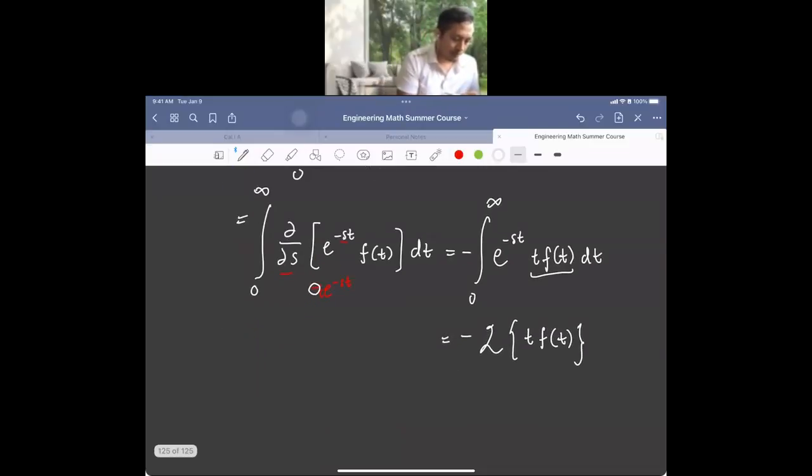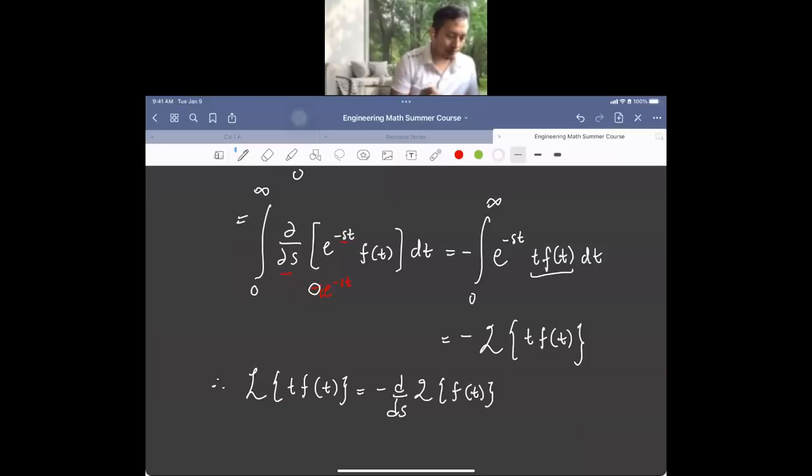Okay, so conclusion here, the Laplace of t f of t is negative d/ds of the Laplace of f of t.